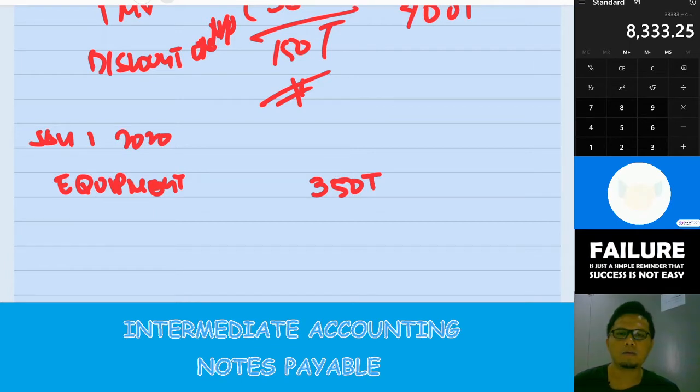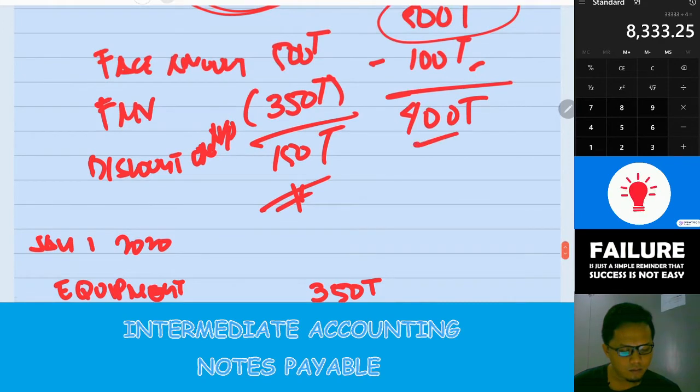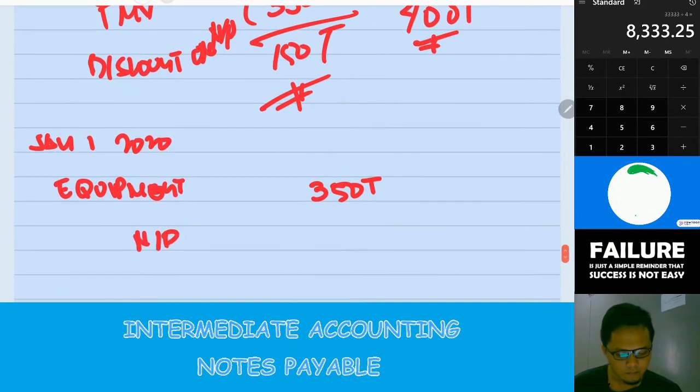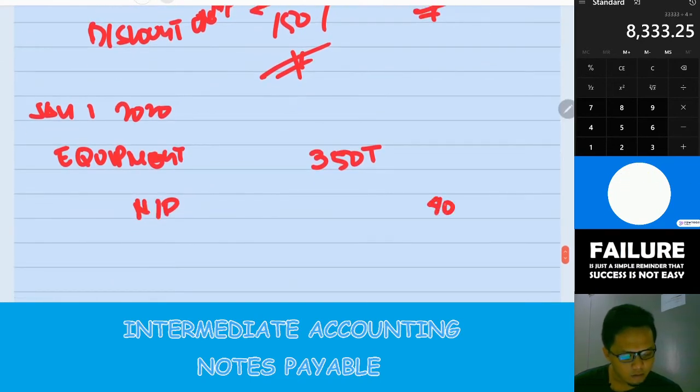So debit equipment, 350,000. Then we credit notes payable for the remaining balance of 400,000, since we have a down payment of 100,000.